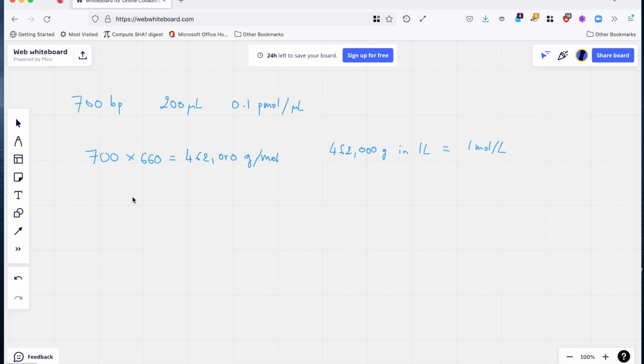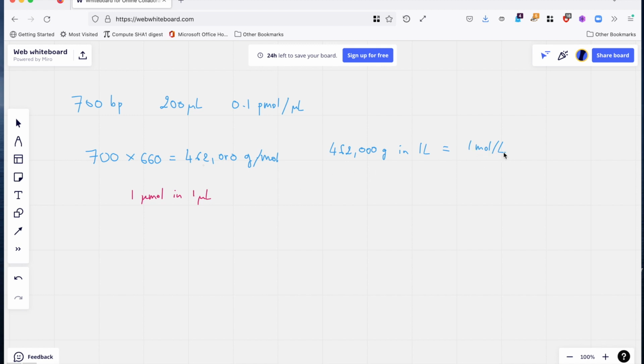But that's the same thing as saying that we take 1 micromole into 1 microliter.